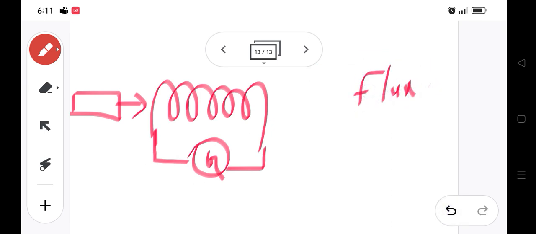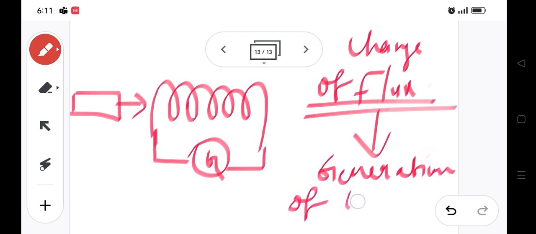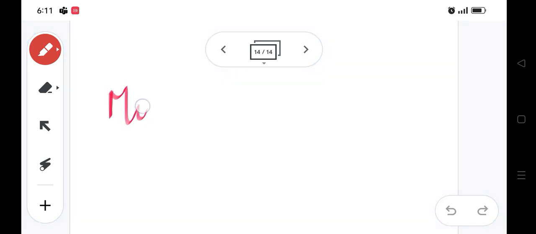And whenever there is a change of flux, it leads to the generation, or the induction, of electricity. We can observe the generation of current. So how magnetism leads to electricity, that we discussed in this class, and that's the main thing we discussed. And in the coming classes we are going to discuss how a motor works and a generator works.